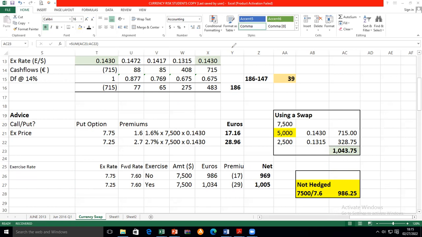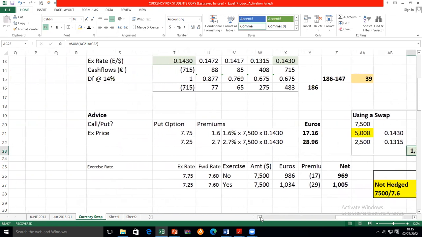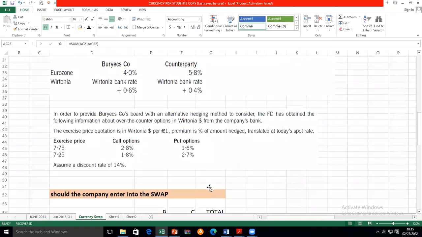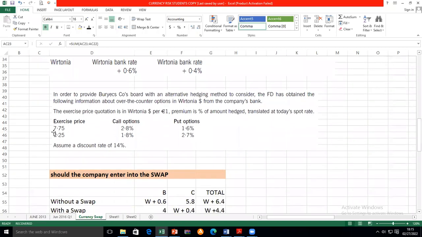The only thing that the bank said was, we are offering you this option here. You can convert at 7.75, these are dollars per euro, or 7.25. So if you want to divide by 7.75, 1.6. If you want to divide by 7.25, to get more, 2.7.